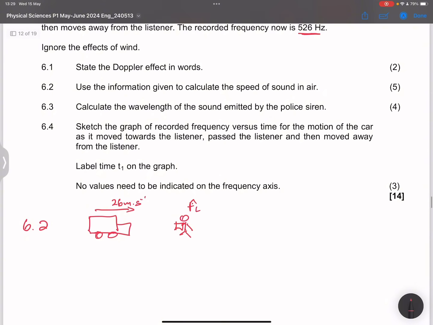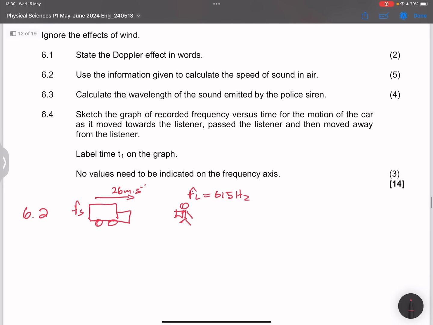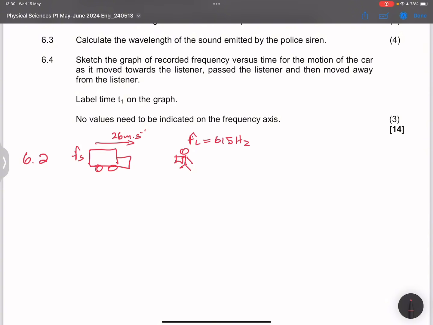So the frequency of the listener is 615, okay? And in this case, we didn't have the frequency of the source. Now, another very important thing is that we did not also have the speed of sound in air, and that's what they want us to determine. So let's take scenario number one.